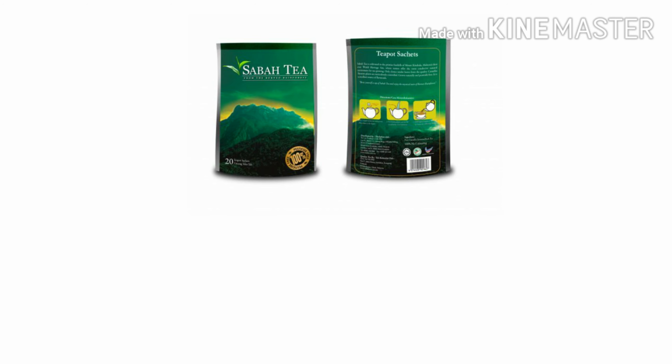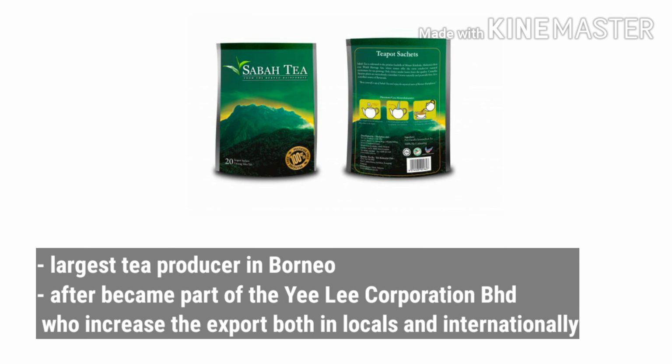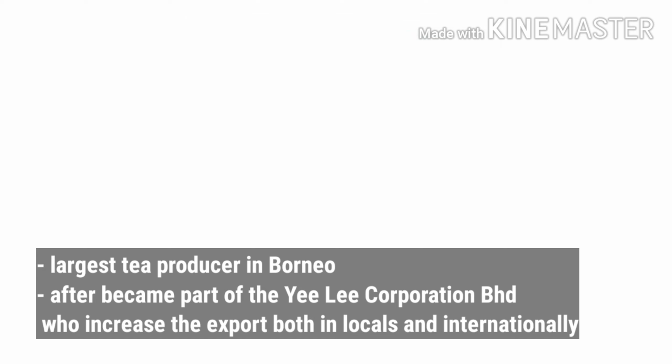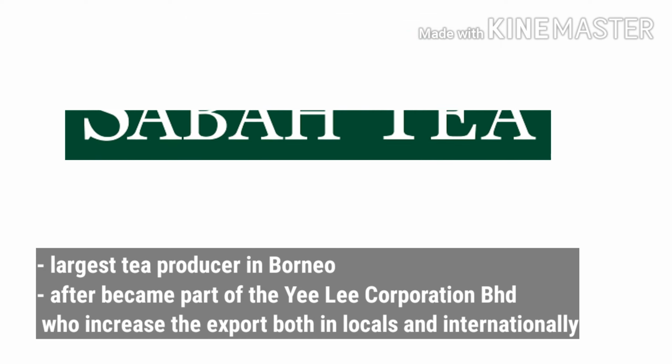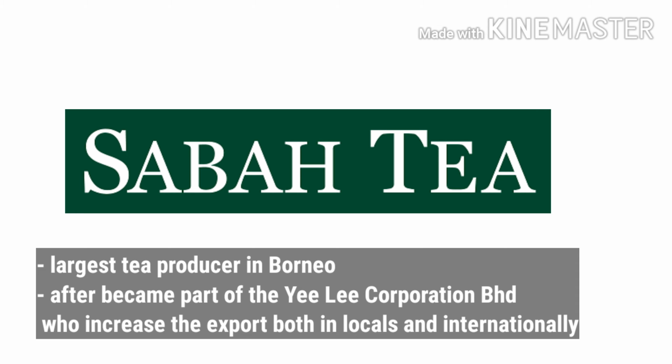In 1997, an Ipoh-based company, Yili Corporation Berhad, acquired the entire shares of Sabati and Desa Tea after the government decided to privatize the company, therefore enabling Sabati to reach greater heights.